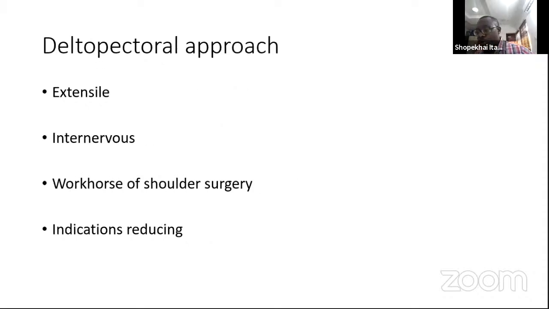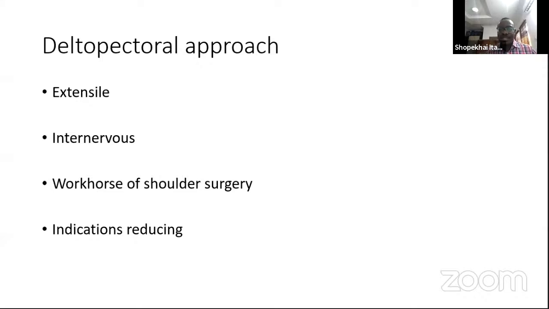I'll start with the open approach and start with the deltopectoral approach. This is an extensile approach. It's the workhorse of shoulder surgery, and all shoulder surgeons know a deltopectoral approach. It is internervous between the axillary nerve that supplies the deltoid and the pectoral nerves that supply the pectoralis major.